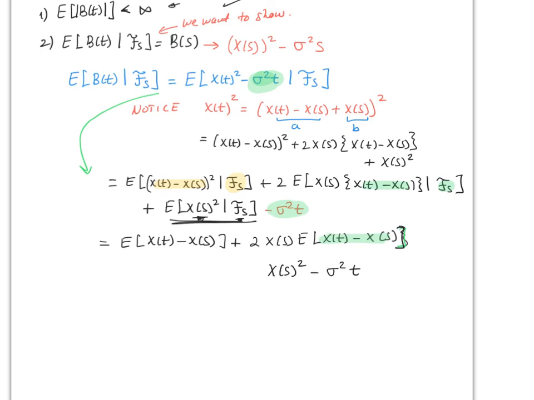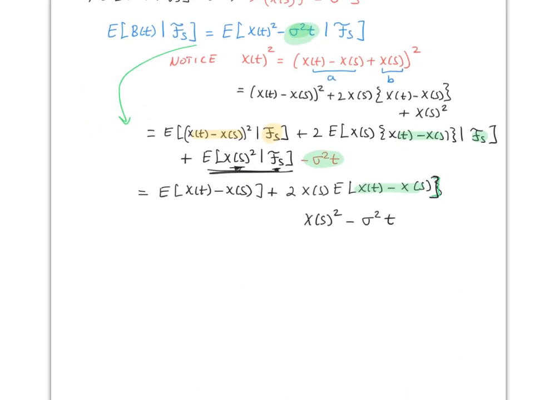Now remember that xt minus xs is a normal distribution with mean 0 and variance sigma square t minus s.